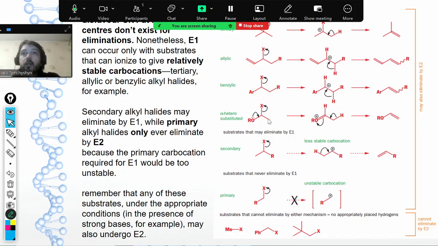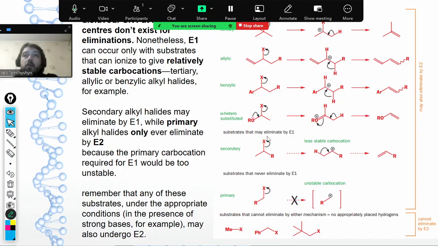Here we have an alpha heterosubstituted atom, an oxygen atom that is electronegative. It has some non-bonding electron pairs, and we can use these non-bonding electron pairs to create this sort of structure. So once again we are stabilizing our positive charge.